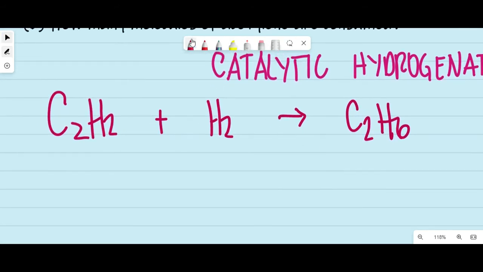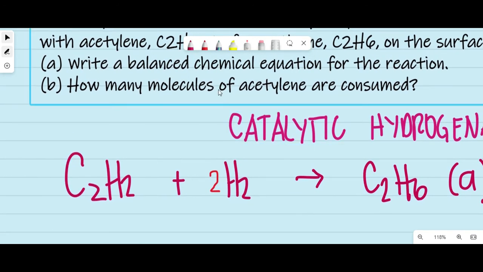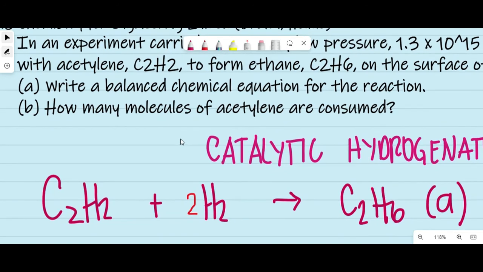So we can apply a coefficient of 2 here, multiply 2 to get 4 and add it up with this. So we have 6 hydrogen on both sides, and that gives us the answer for letter A, our balanced chemical equation, which we need in order to calculate the number of molecules of acetylene consumed.